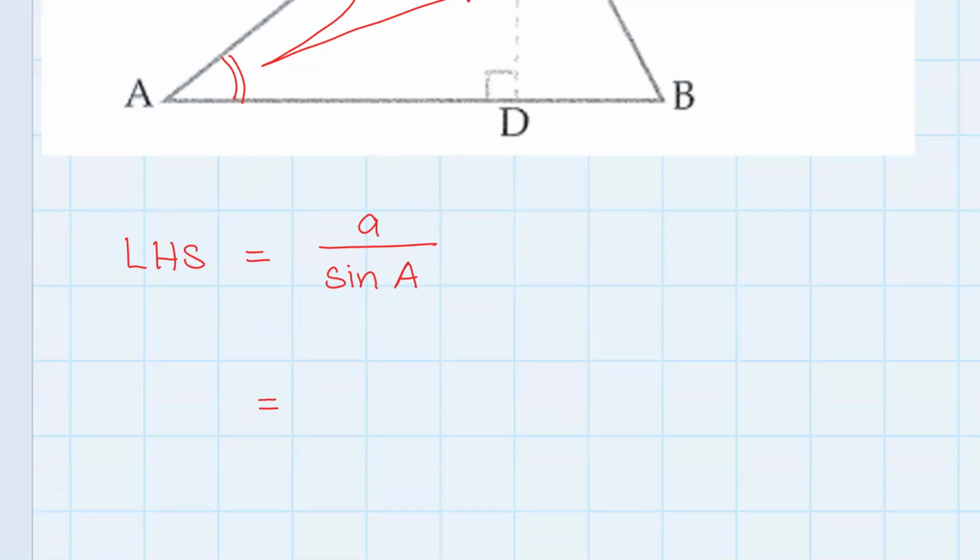So I'm going to rewrite the left-hand side as a at the top. I haven't done anything to that. And we're going to divide it by the opposite, which is h, over the hypotenuse, which is b. So we've replaced the trig function for the angle A, and we've rewritten it using the equivalent trig ratio, which is h over b.